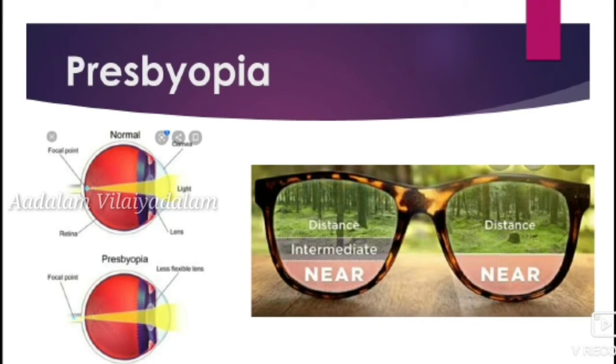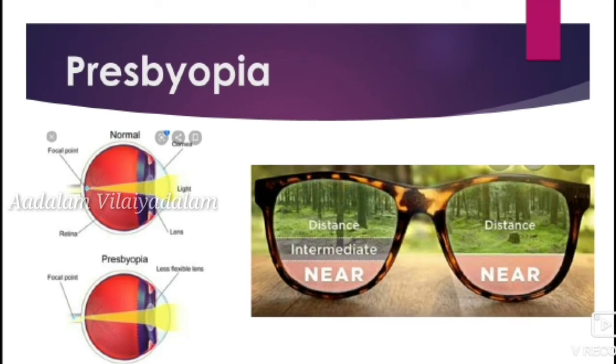And some persons may have both the defects of myopia and hypermetropia. How is it corrected? Myopia is corrected by wearing a concave lens. Hypermetropia is corrected by wearing a convex lens.